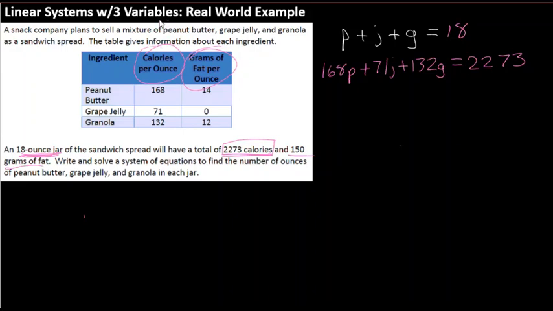Pretty much the same thing as our last equation. We're going to have 14 grams per ounce of peanut butter of fat. And for grape jelly, we've got 0, so plus 0j, and then plus 12g is equal to, it should add up to the 150.